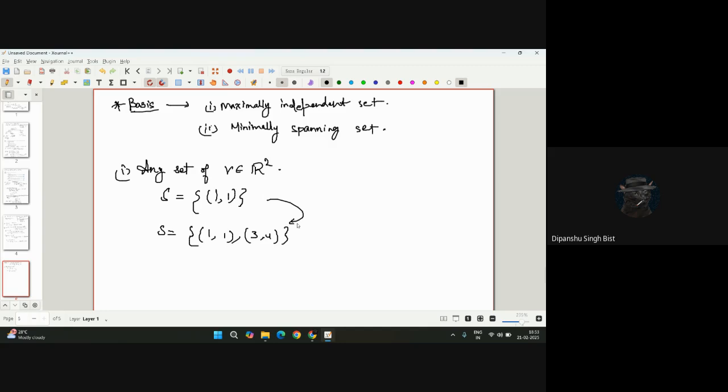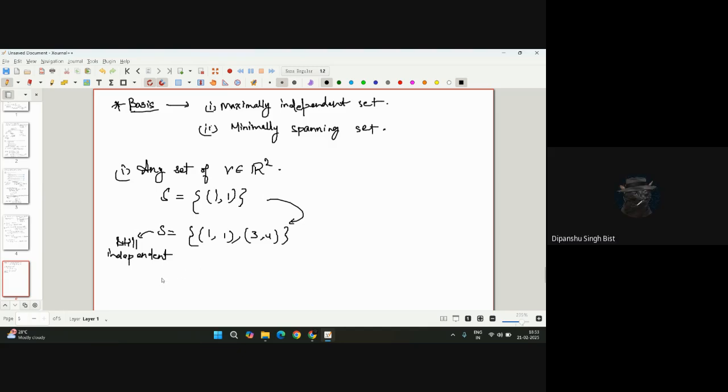Now you see S is still independent. Why? Because 3 comma 4 cannot be represented as some k times 1 comma 1. Correct? Yes, no? Oh, yes.